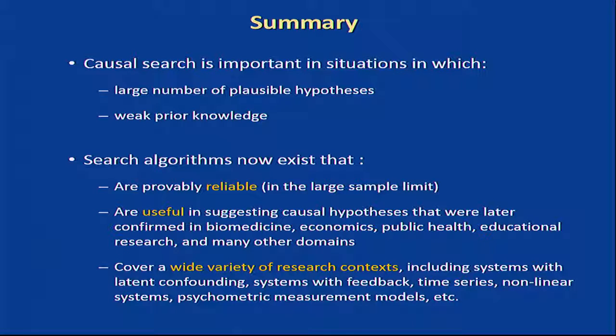And I think it's clear to say that we now have search algorithms that are provably reliable in the large sample limit, given the assumptions that are made vivid, and that are actually useful in suggesting causal hypotheses that were later confirmed in many fields now: biomedicine, economics, public health, educational research, and many other domains.